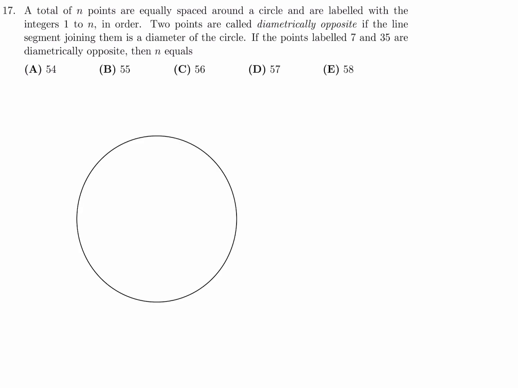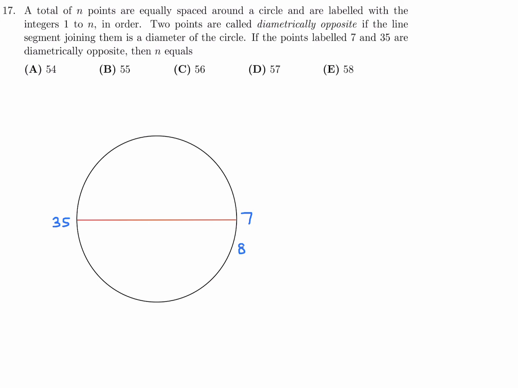So let's label what they give us, 35 and 7. They're saying those two are diametrically opposite. So if you draw a line from one to the other, they will basically be opposite, and that line is a diameter.